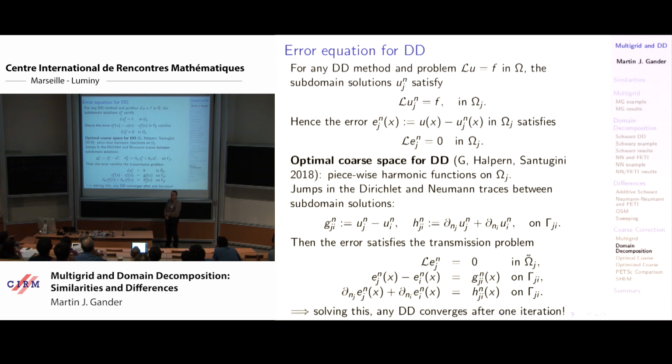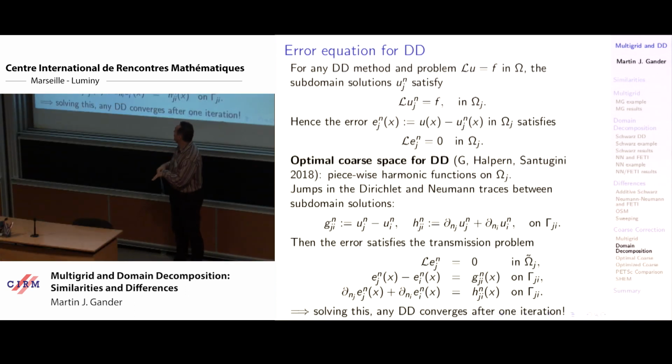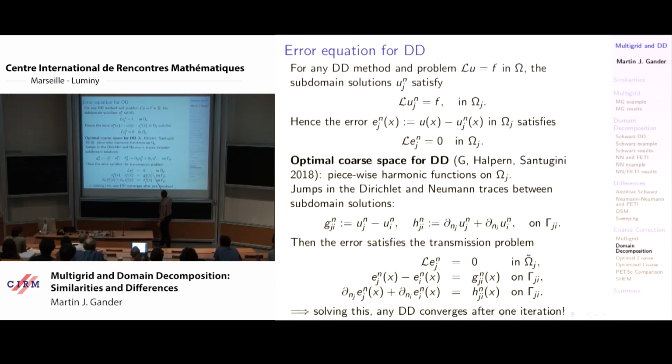Now what's the error equation that one has to solve? From the approximations that we calculated, we can calculate the Dirichlet jump, and we can calculate the Neumann jump, because we know the u_i and u_j on each interface. So what does the error satisfy? The error that we've seen on the previous slide satisfies the homogeneous equation in each subdomain, and at each interface, it satisfies a jump relation.